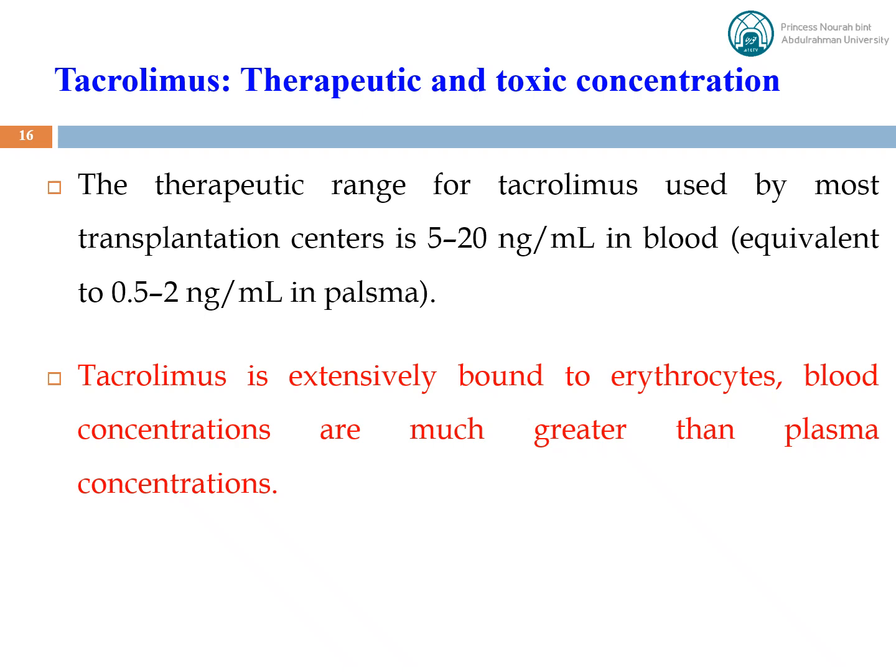For cyclosporin, in the previous example, it was 250 micrograms per liter, which is equivalent to 250 nanograms per milliliter. So it is much higher than that value for tacrolimus. That means tacrolimus is a much more potent medication compared with cyclosporin. Cyclosporin is relatively safer in use compared with tacrolimus.